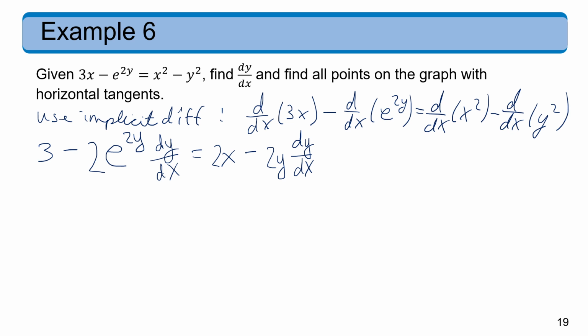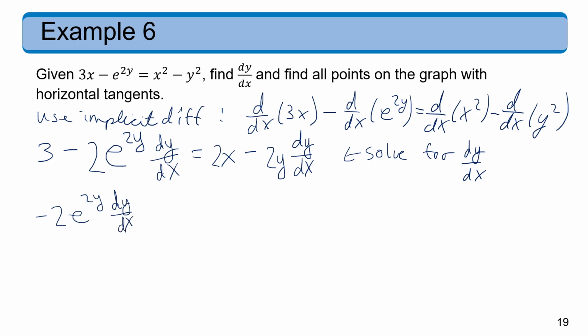The next step is to use algebra to solve for dy dx. And so what we always want to do first is to get all the terms that have dy dx in them on the left and all the other terms on the right. So I'm going to keep this term on the left because it has a dy dx.